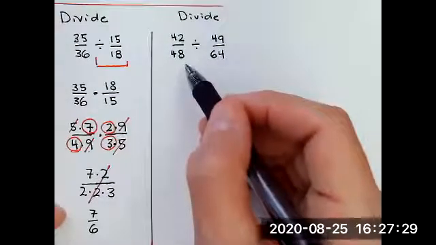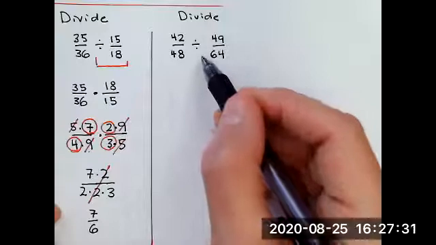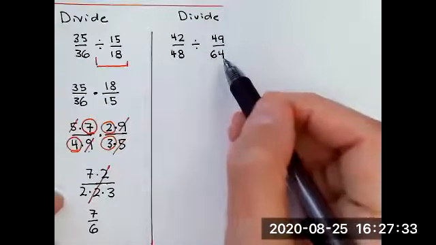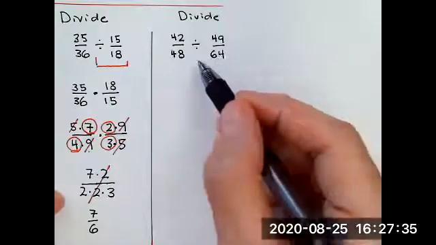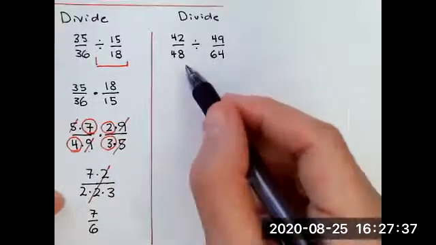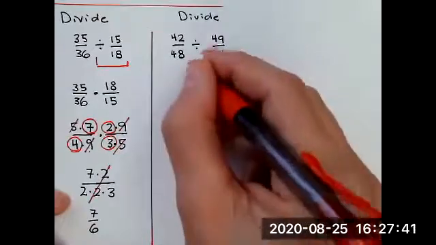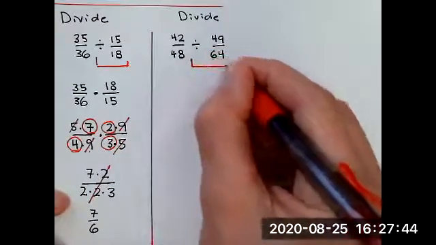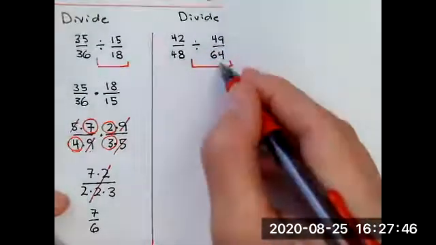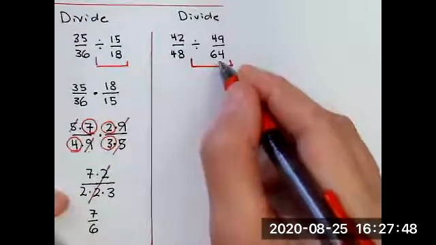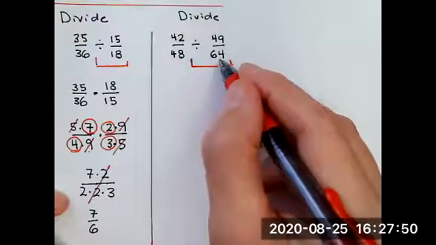All right, 42 over 48 divided by 49 over 64. So the first thing you want to do is rewrite it as a multiplication statement. This is the number that's doing the dividing. So that's the number that you take the reciprocal of.